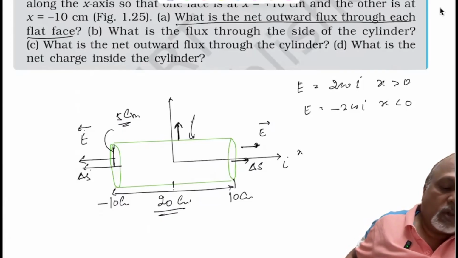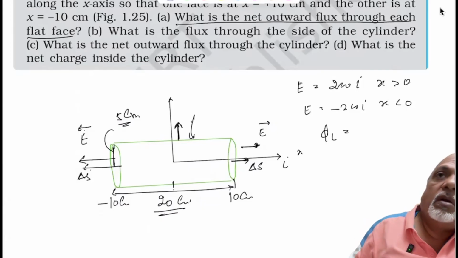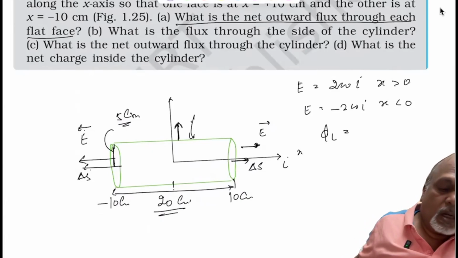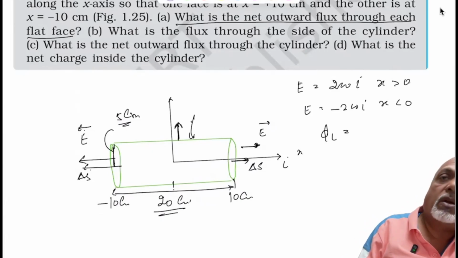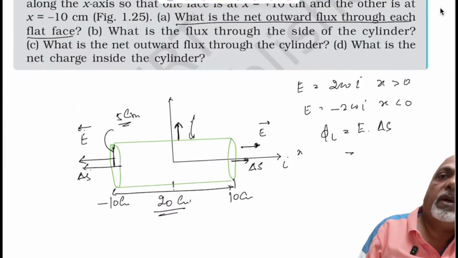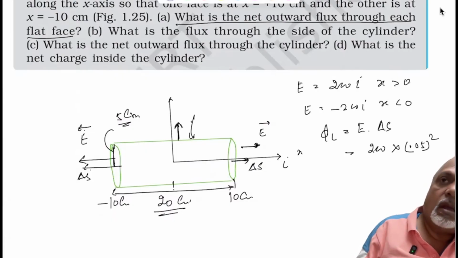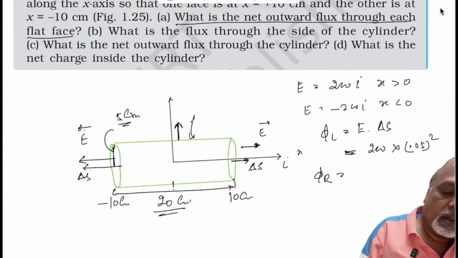So let us see what is the flux coming out through the left circular face. That is E into delta S, and that will be equal to 200 into 0.05 square. Correct? And what is the right E into delta S?